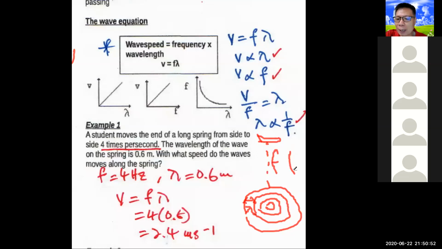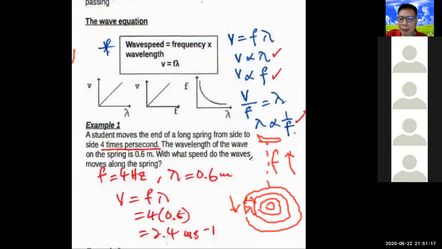It drips down fast, frequency high, then the lambda becomes small. So it's inversely proportional. We say water drips down fast, high frequency, then the lambda becomes small, then the circles are very close. So frequency high, lambda small.